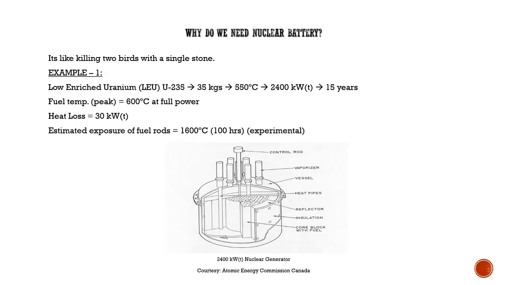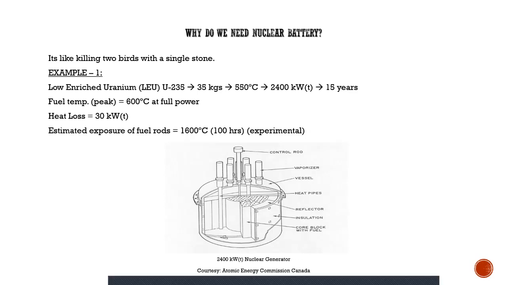Apart from that, the peak fuel temperature can go up to 600 degrees if it's running at full power. Since it's a thermal generator, there are certain heat losses, around 30 kilowatts of thermal heat loss.